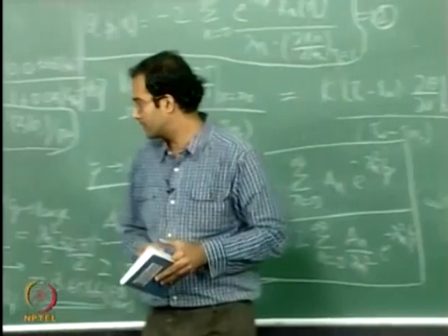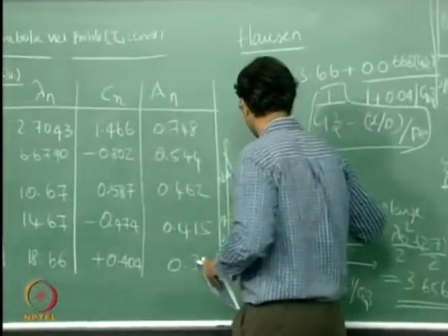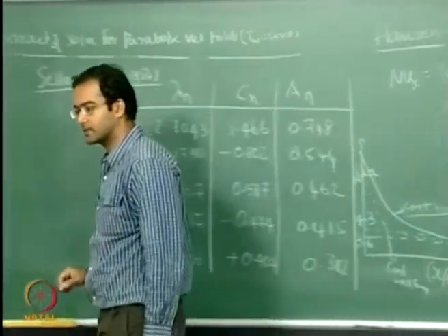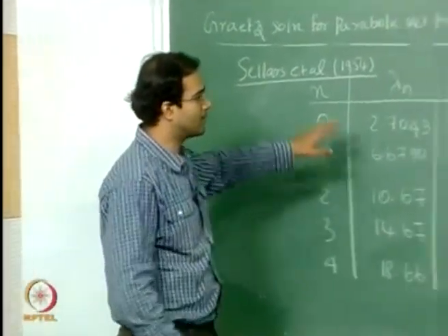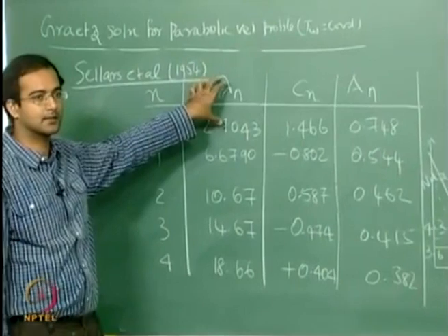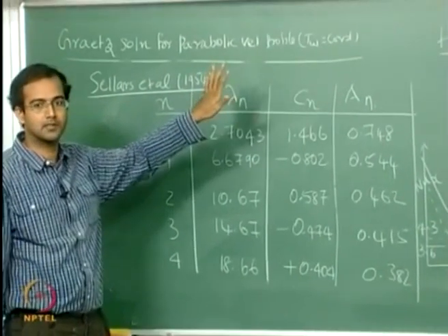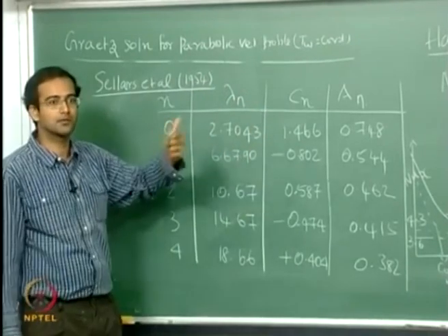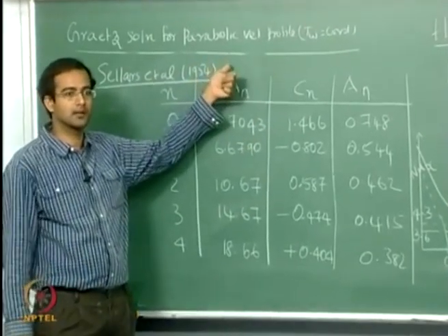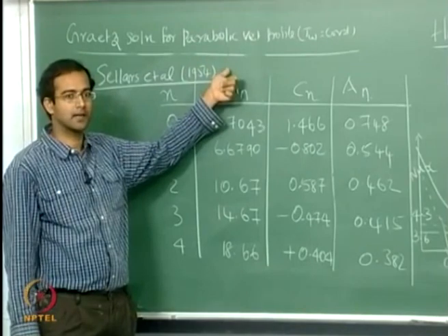Now, as I said, how do we get the constant heat flux case? That's a slightly different problem. The problems that we have solved in the class correspond to constant wall temperature boundary condition and parabolic velocity distribution. This was an extension proposed by Sellars, an extension of the Graetz problem.